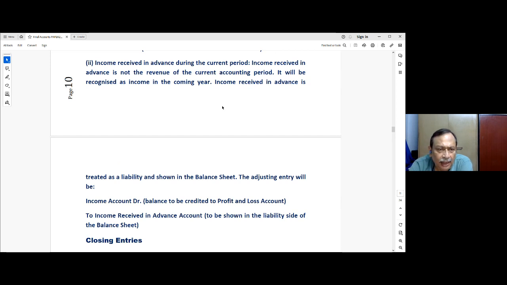Income received in advance is treated as a liability and shown in the balance sheet. And for this purpose, the entry will be income account debit, balance to be credited to the profit and loss account, to income received in advance to be shown in the liability side of the balance sheet.